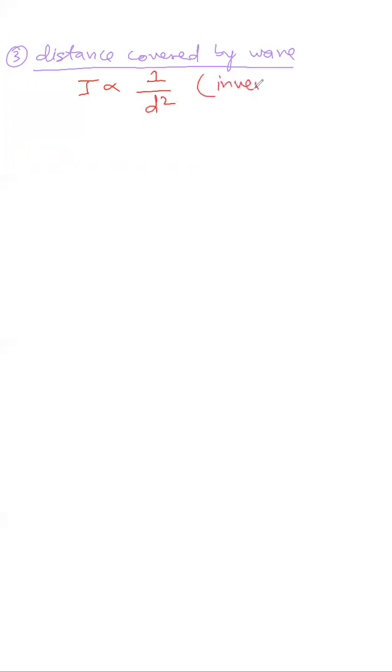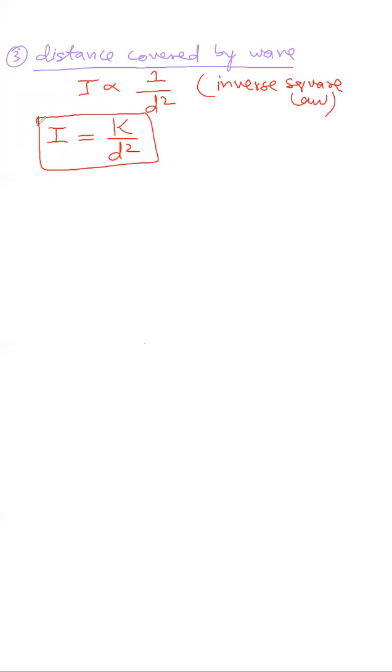In formula form, it is I equals k over d square, where k is the constant. What is d over here? D is the distance moved by the wave. So if a wave covers a greater distance from its source, then its intensity keeps on decreasing.